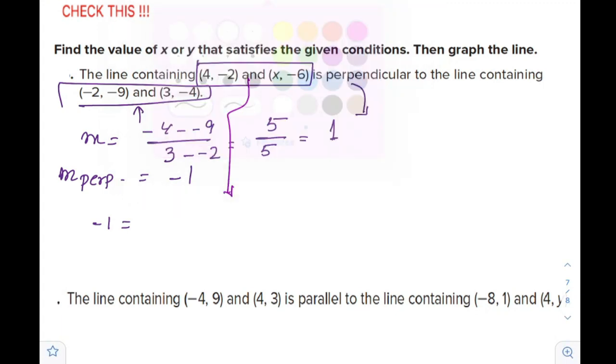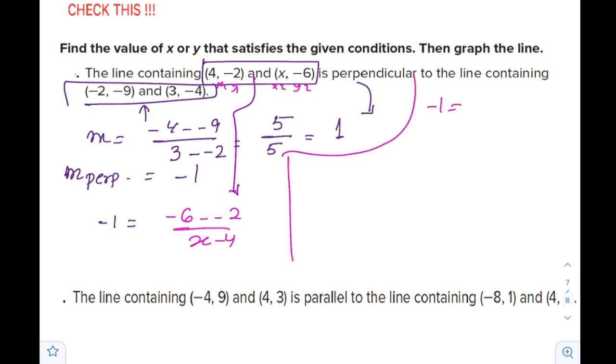So I will use now x1, y1, x2, y2, and equate it to -1. So this will be -6 minus -2 over x minus 4. And I need to solve this proportion. Let's arrange it. -1 equals -6 plus 2, so -4 over x minus 4.